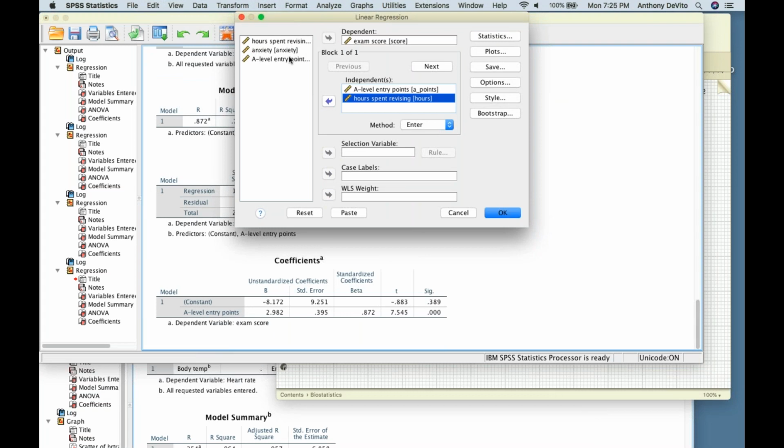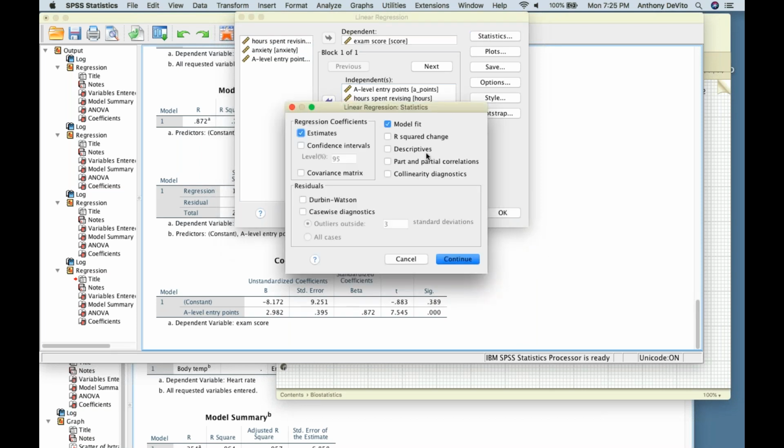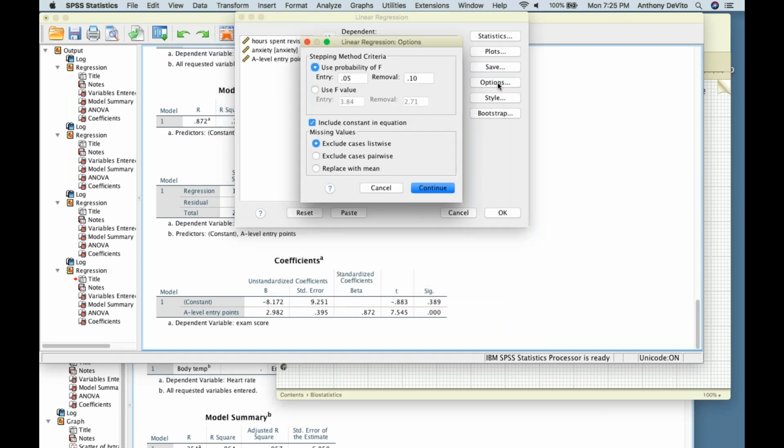Let me see if I can find what I'm looking for here.